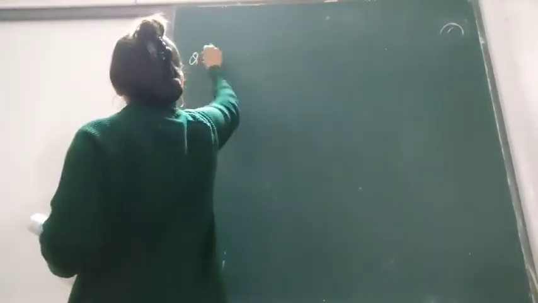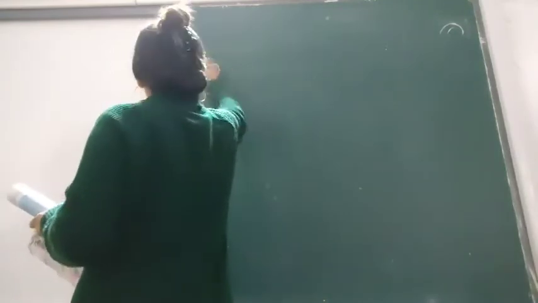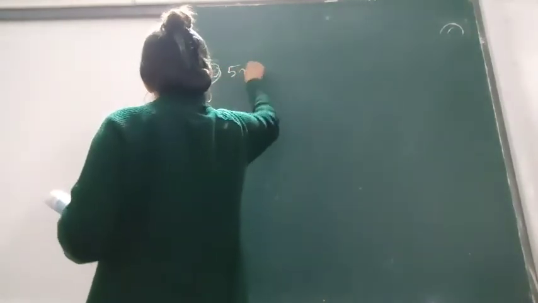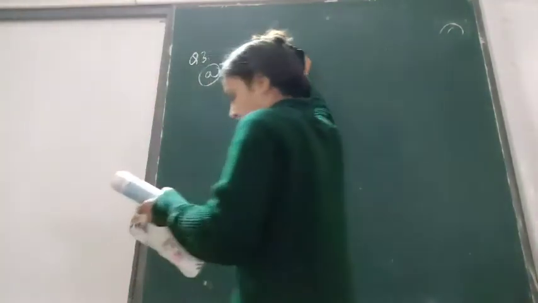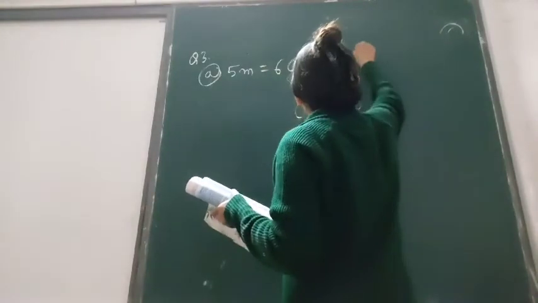Question number 3. 5n is equal to 60. Now you will see in the bracket there are values.